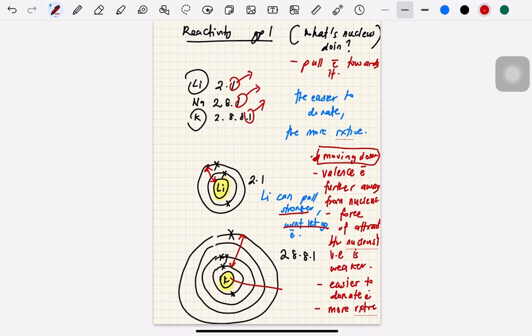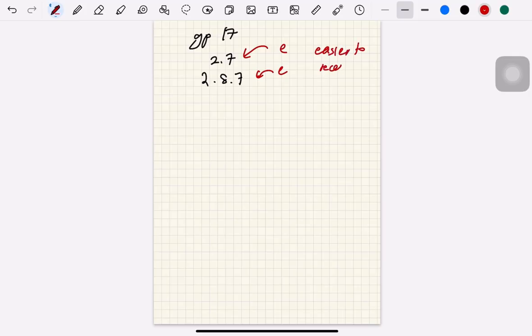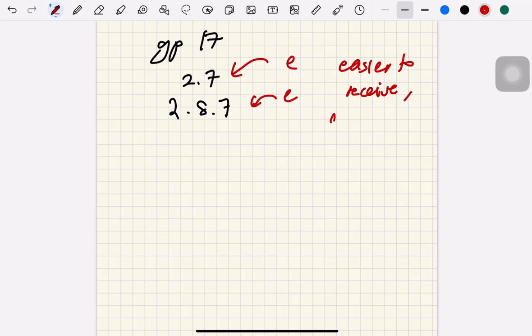Okay, so now if you want to think about group 17, the concept is the same. Group 17 is 2 7, 2 8 7, right? They want electron, want to receive electron. So easier to receive, meaning more reactive.